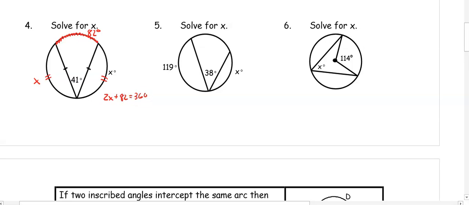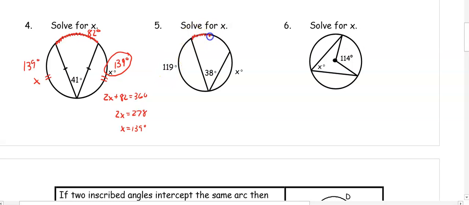So first we're going to subtract 82. So we get 2x equals 278. And when we divide by 2, x is 139. So each of these leftover arcs are going to be 139 degrees. So x is 139.